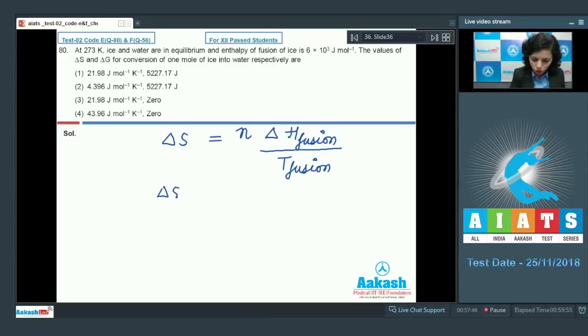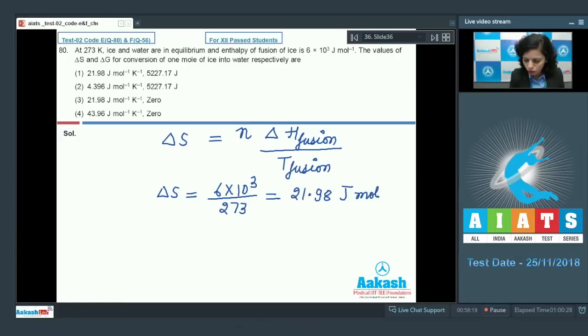So this delta S for the conversion of 1 mole of ice into water would be, so here the number of moles is 1 mole and the value of delta H fusion, that's given here, 6 × 10^3 joule per mole, divided by its temperature, that is 273. And if you solve this out, this would be 21.98 joule per mole per Kelvin.